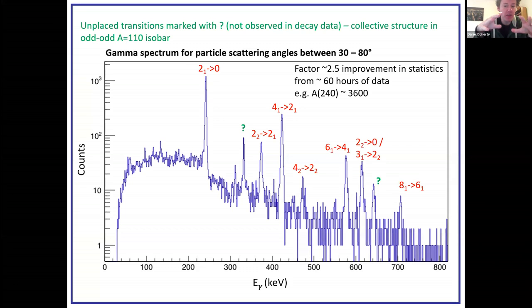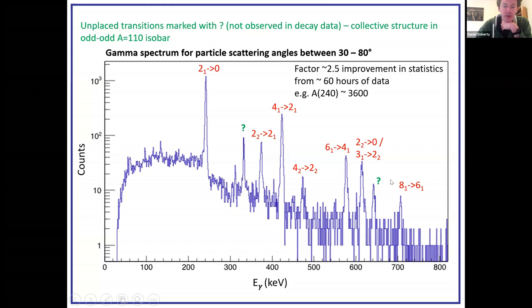The separating power of the magnet is not sufficient to separate all of those. So in something like technetium-110 or rhodium-110, there's some collective state or isomer that's also excited, giving rise to these two lines just here.